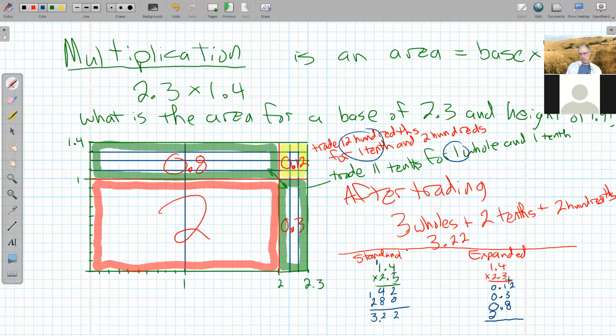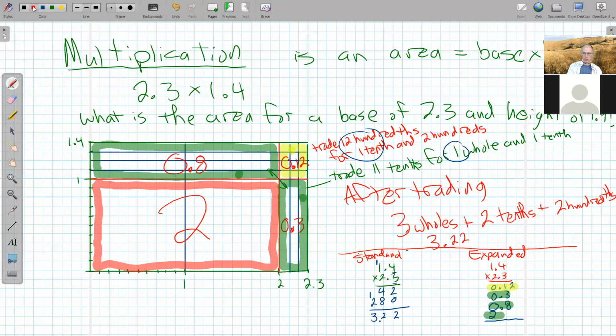And so in the expanded algorithm, I should see each of the regions above, right? So here is my yellow hundredths from here, and then my green tenths here and here, and then my wholes here. And any place I skipped over into more than one place, we have a carry going on. So I'll circle those carries.